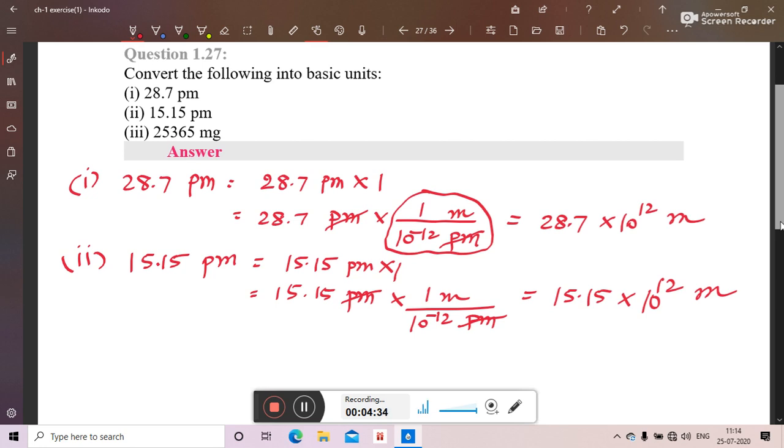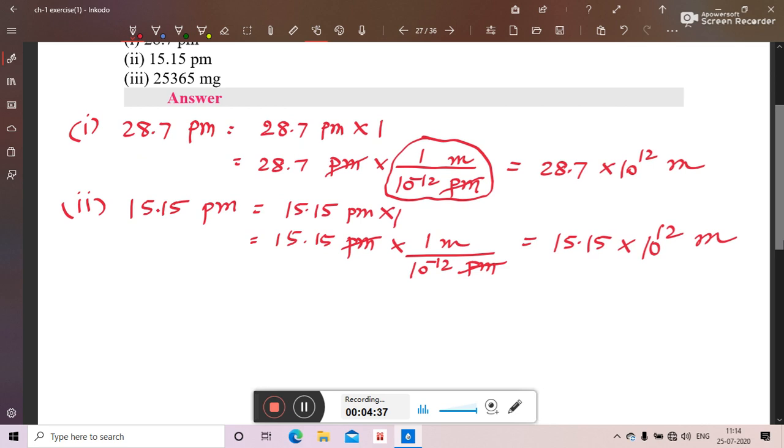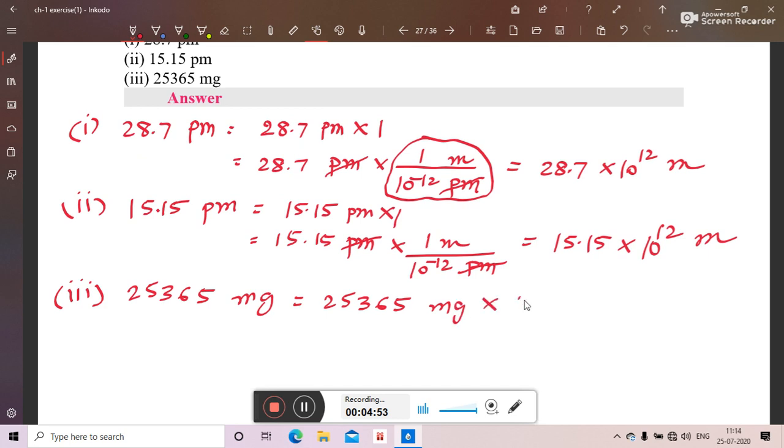Now number 3 is 25365 milligram. Now milligram is the unit of mass. Now we will see that we are having 25365 milligram. So that is the unit of mass. So that can be written as 25365 milligram into 1 into 1.